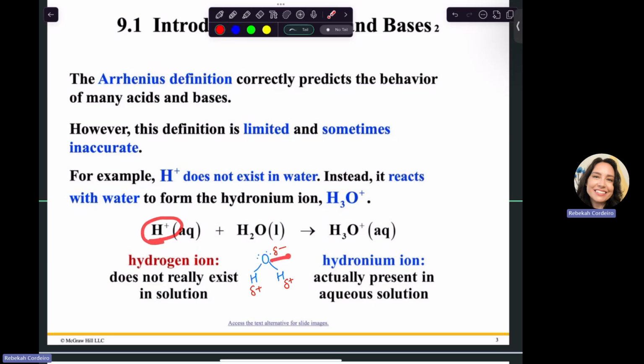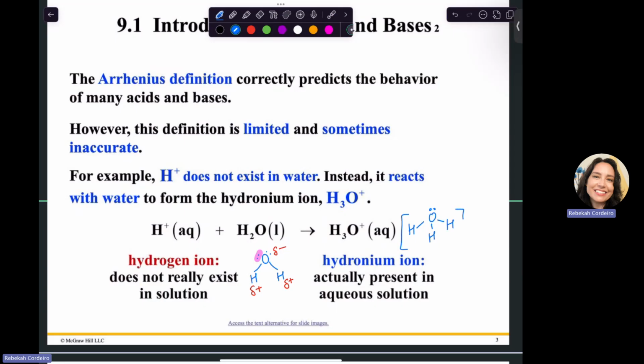This is just a partial negative, but it's going to see this full positive hydrogen. It is going to be very attracted to it. So attracted that these electrons, which I'll highlight here in pink, are going to go and grab that H+. And that's going to make this thing, which is called the hydronium ion.